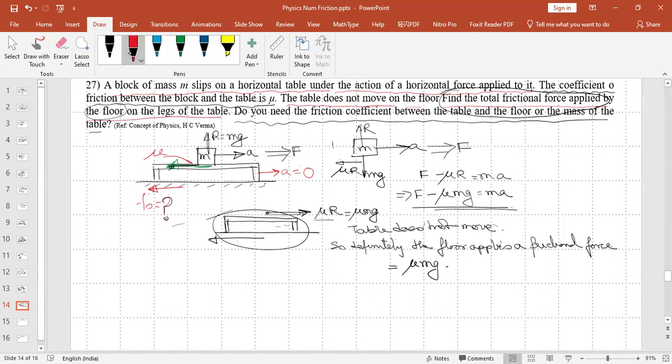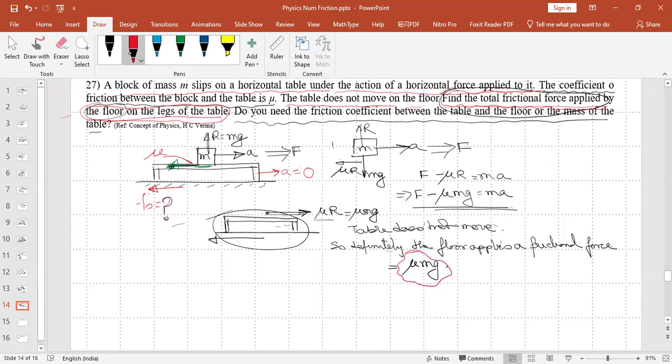The question was, find the total frictional force applied by the floor on the legs of the table. So total frictional force applied by the floor on the table is mu mg.